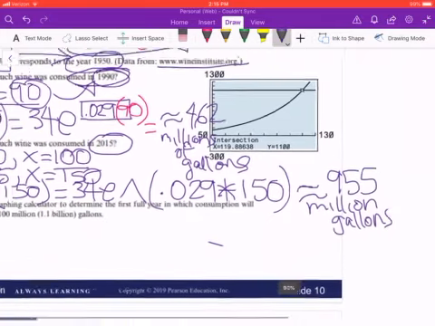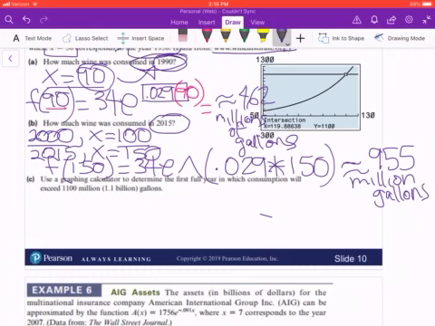Okay, so now for part C, it says use a graphing calculator. This is why it's important to have a graphing calculator to determine the first full year in which consumption will exceed 1100 million or 1.1 billion gallons.